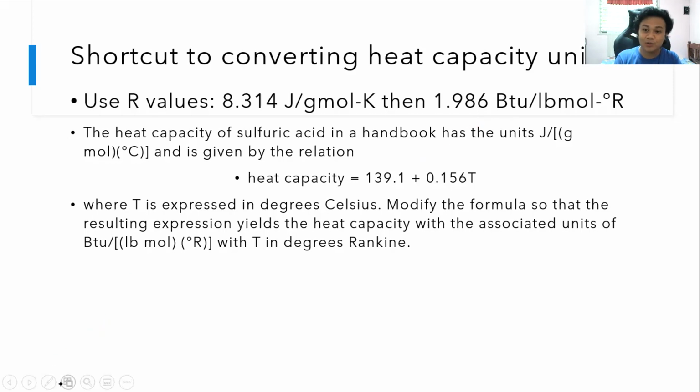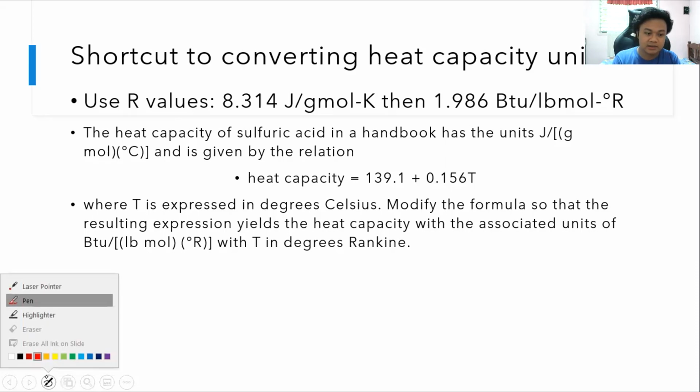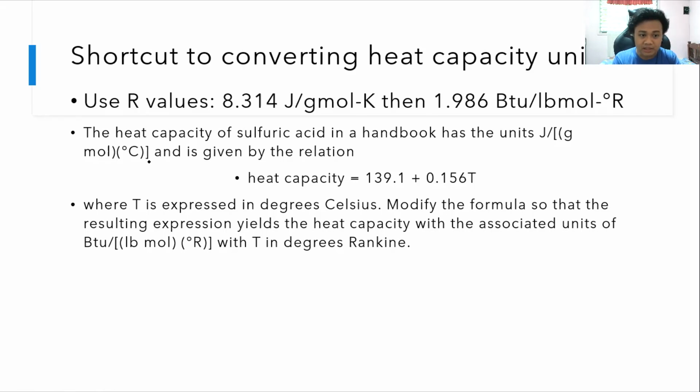Okay, so I will give an example. Sample problem for that: the heat capacity of sulfuric acid in a handbook has the units of joules per gram mole per degree Celsius, and is given by the relation 139.1 plus 0.156 T, where T is in degrees Celsius.